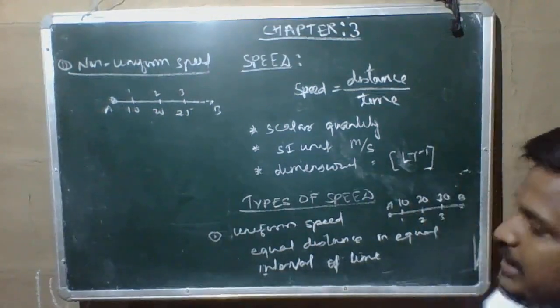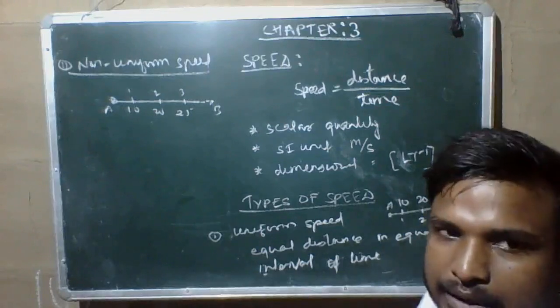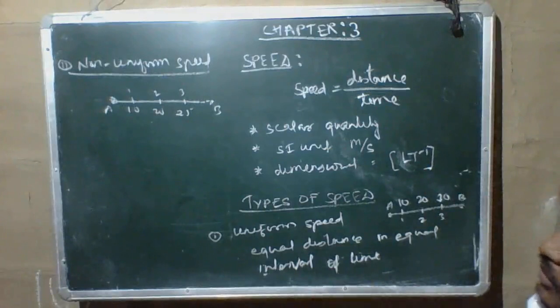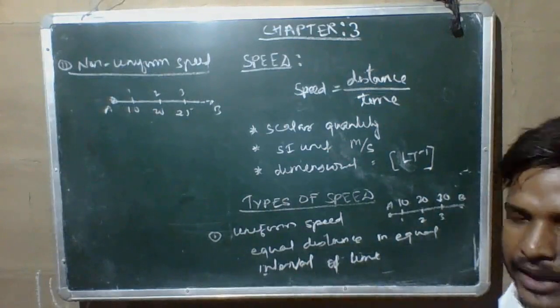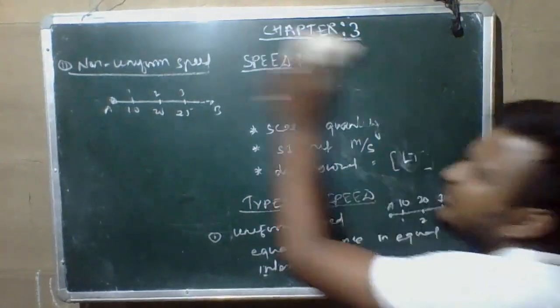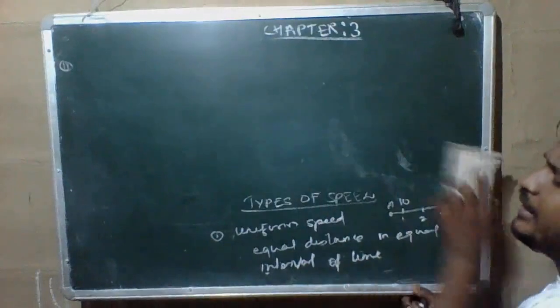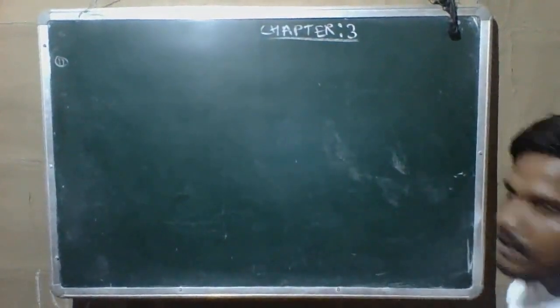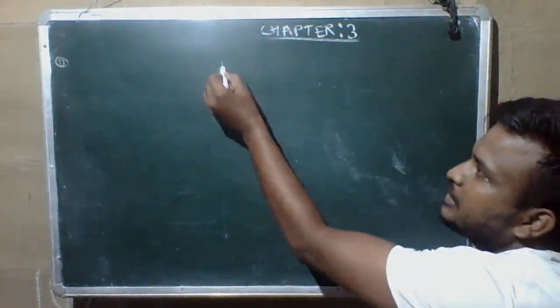Now, I already told you that we are going to study four types of speed. We have already studied two types of speed: one is uniform, the second is non-uniform. The third one is very important that we should know. The third one is average speed.